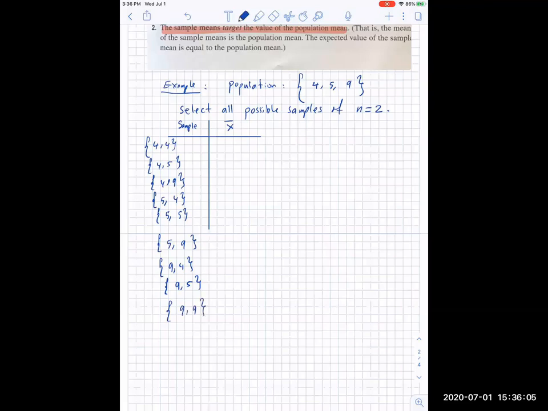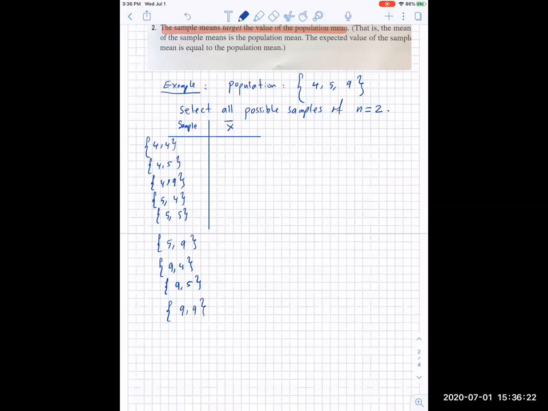Right? I can't think of any other possibility, guys. These are all the possible subsets of 2 elements taken from the population.